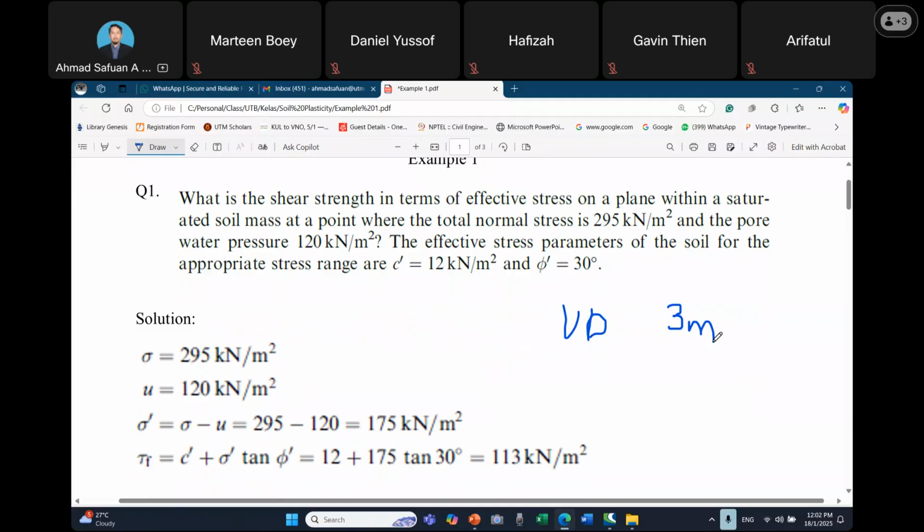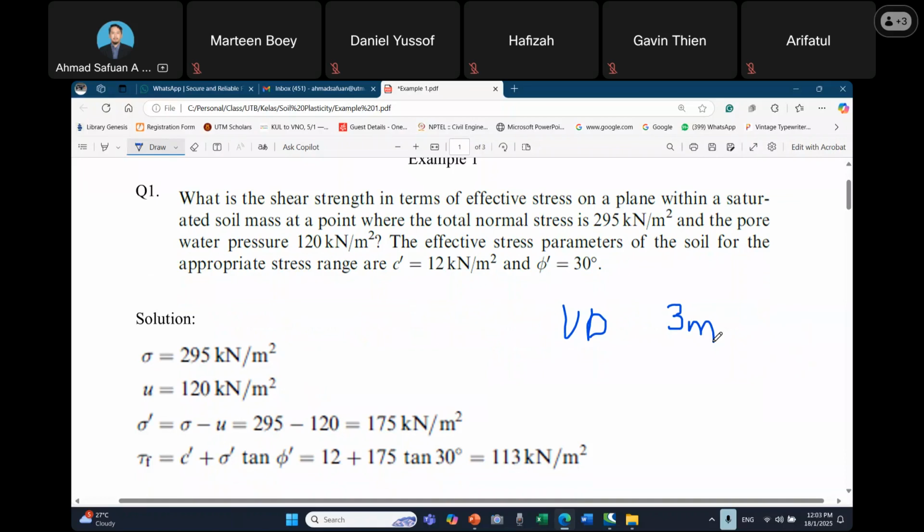As an engineer, we need to know what confining pressure to use in our triaxial testing, because we need a series of confining pressure values. It should represent the actual confining pressure at the field.